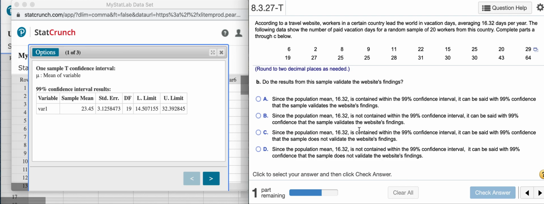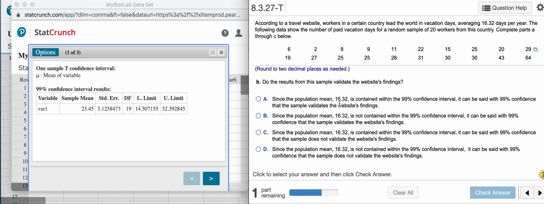They begin with the truth that 16.32 is actually contained in the interval. And so C, how does it differ? Since the population mean 16.32 is contained within the 99% confidence interval, it can be said with 99% confidence that the sample does not validate. Well, they claim it's 16.32 days per year.